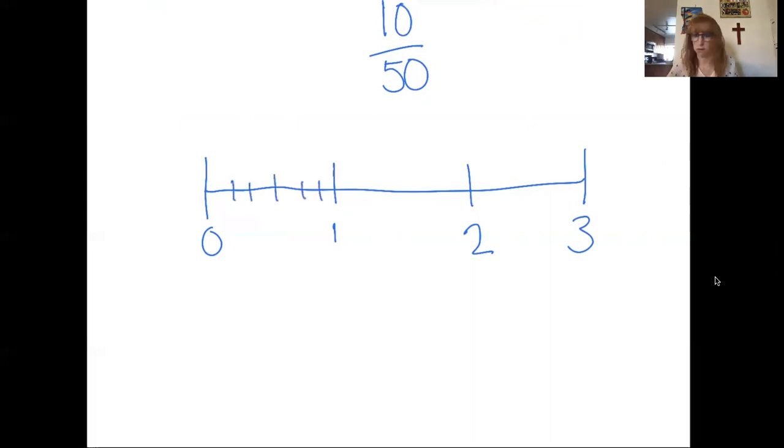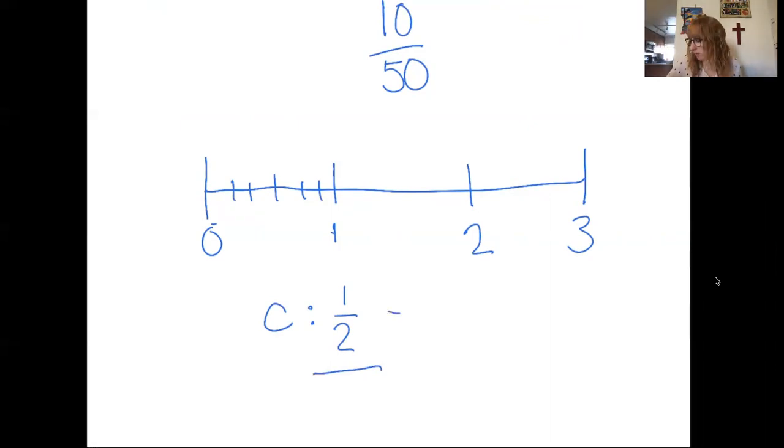And you're going to pretend that those are perfectly even. So if we look at letter C, that represents the fraction 1/2. So we need to find where on our number line 1/2 goes. And since it's less than 1, it's going to be between 0 and 1.